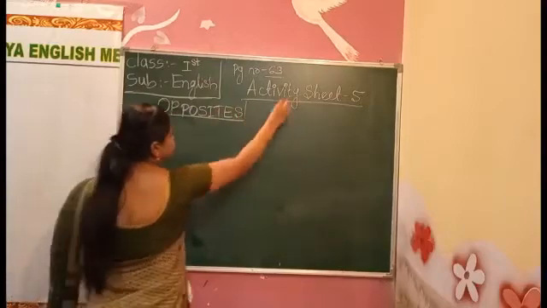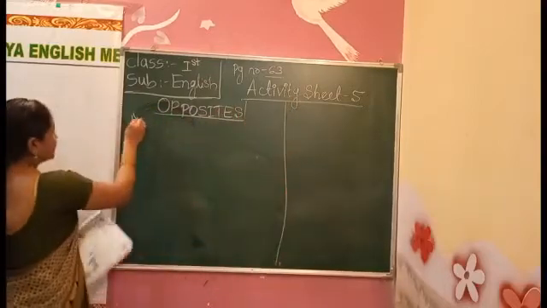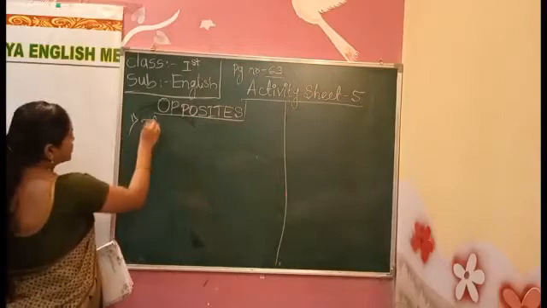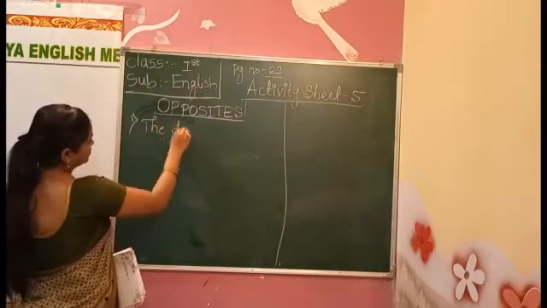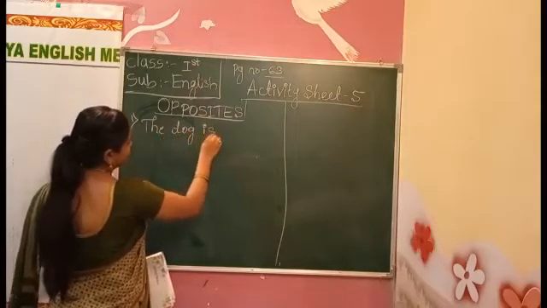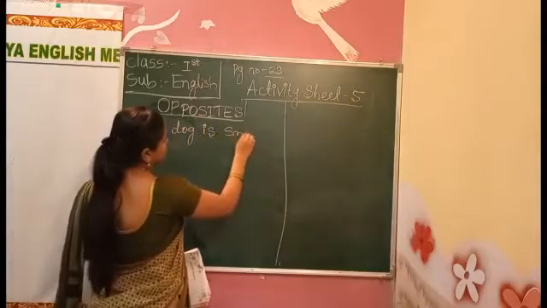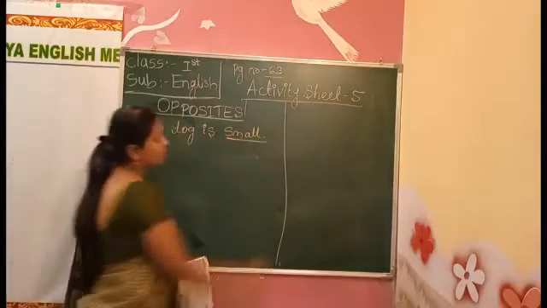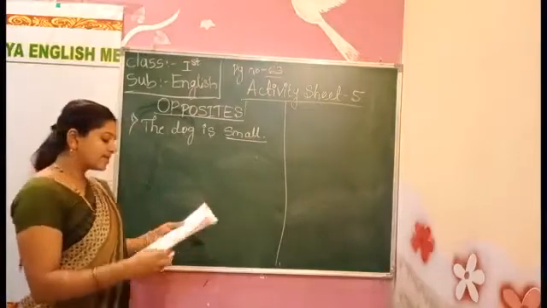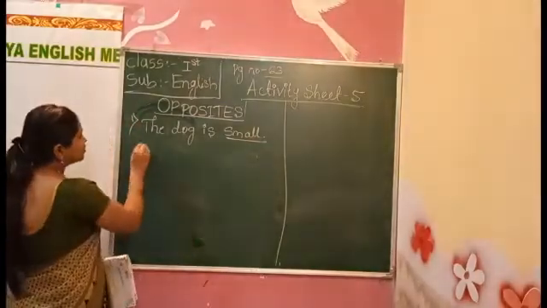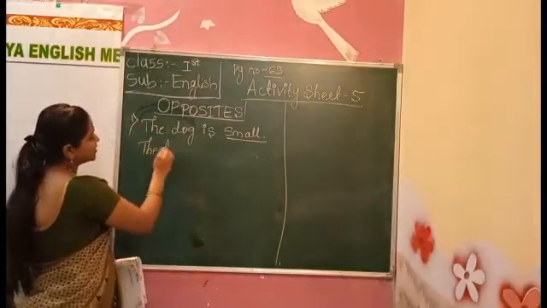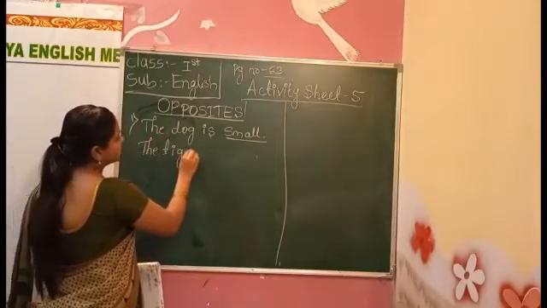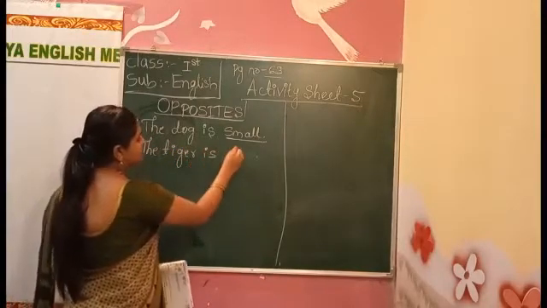So under opposites, the first one is, the dog is small. Next, the tiger, there is another one inside, the tiger is big. The tiger is big.